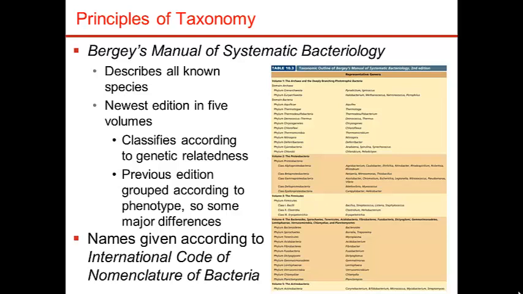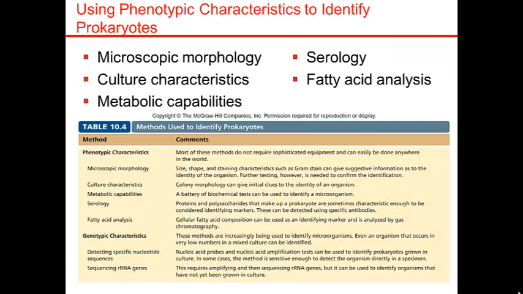Bergey's manual was first published in 1923, and the current volumes differ drastically from previous volumes in that many higher taxa are not defined in terms of phenotype, but solely on the sequence information from 16S ribosomal RNA phylogeny. As a practical matter, phenotype is used to identify microbes in the absence of sophisticated sequencing analysis.